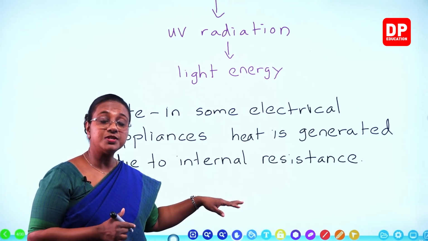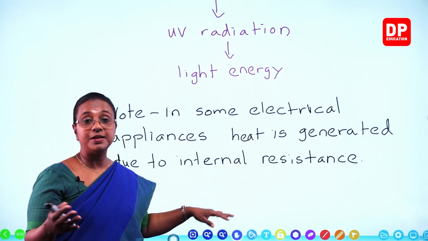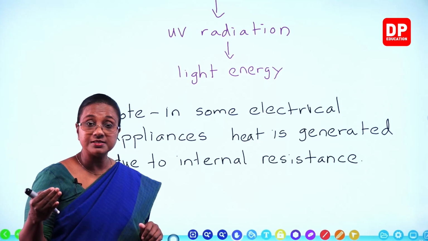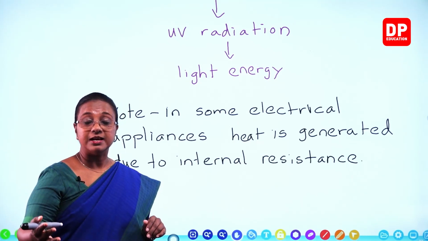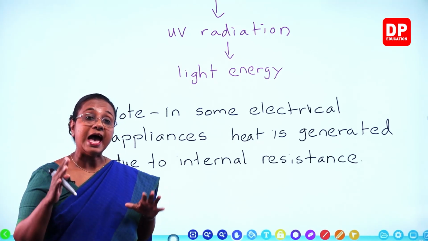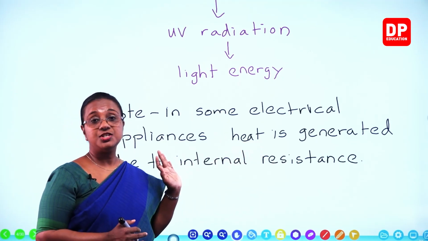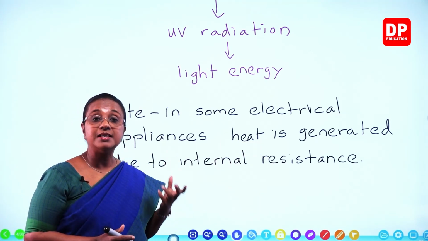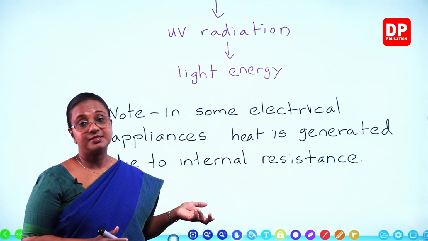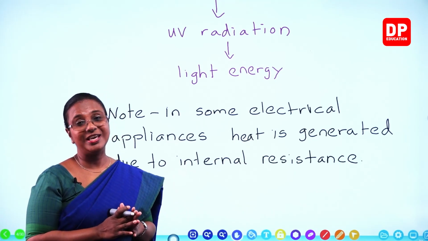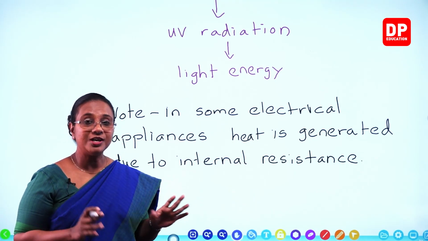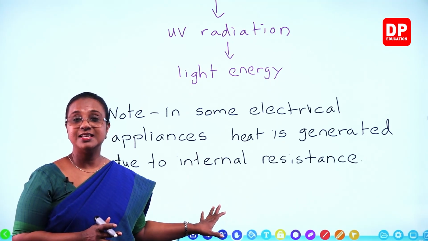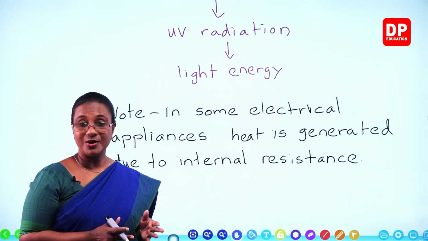So here of course, like I said as an example, when the electrical motor works, there is electric energy being converted to kinetic energy. At the same time, heat energy is also generated because there is internal resistance. That is something you have to keep in mind, students. So I am sure you all can understand all these concepts. So with that, I will move on to the next slide.